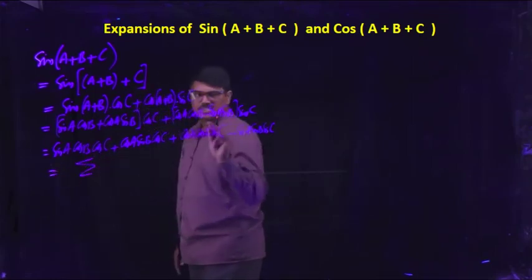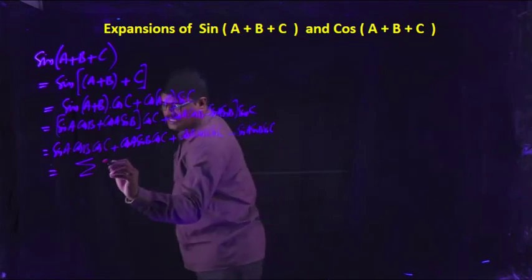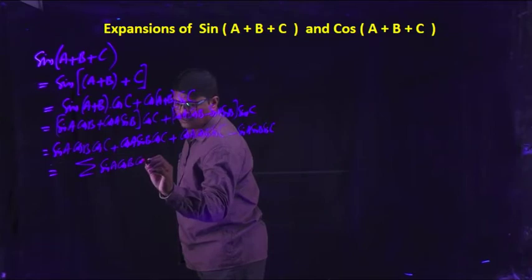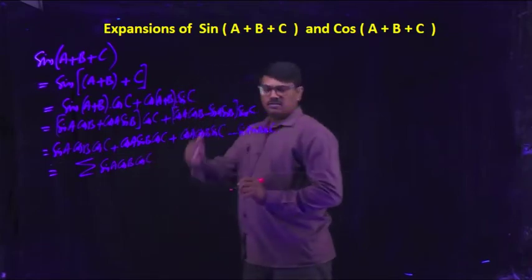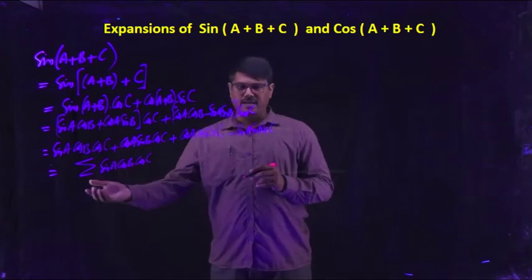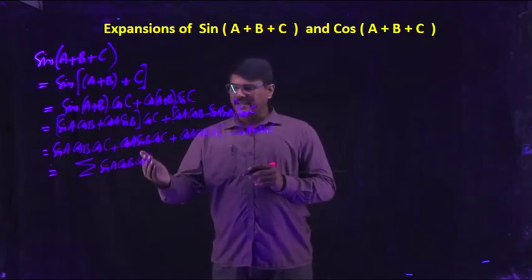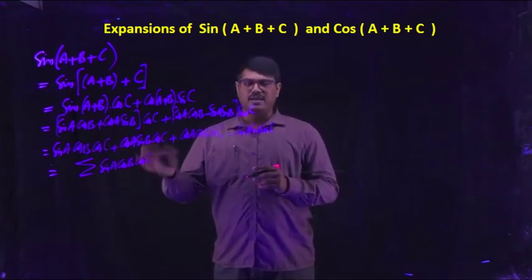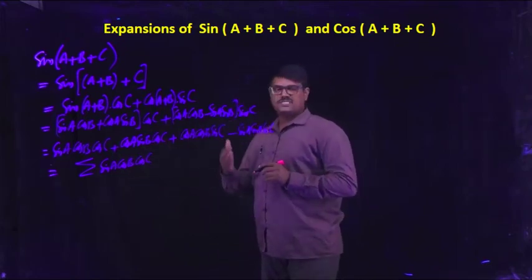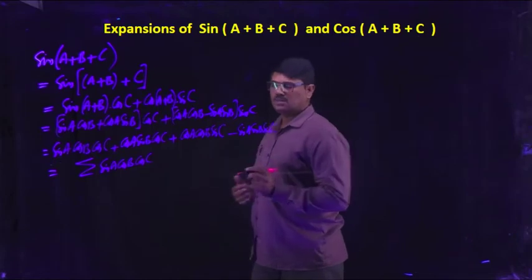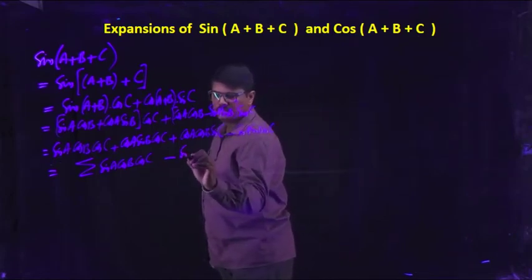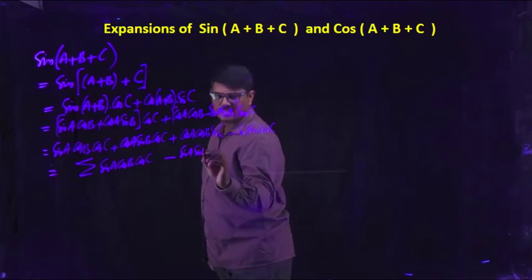For the first three parts only, you can write sigma sin A cos B cos C in cyclic manner, minus sin A sin B sin C, which remains the same.